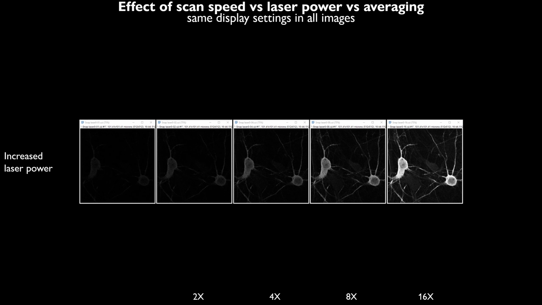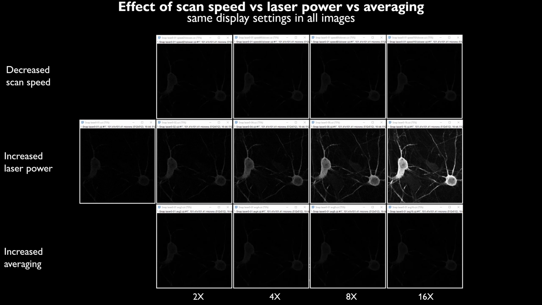If we increase the laser power, the factor by which we have increased it is at the bottom. So factors of 2, 4, 8, and 16. The image gets brighter, and we've seen before that it also improves in quality. If we do something similar by decreasing the scan speed or increasing the averaging at the same equivalent light dose, so 2x for the laser means we've doubled the laser, 2x for the scan speed means it's twice as slow, 2x for the averaging means we took two images and averaged them, and so on for the other light doses.